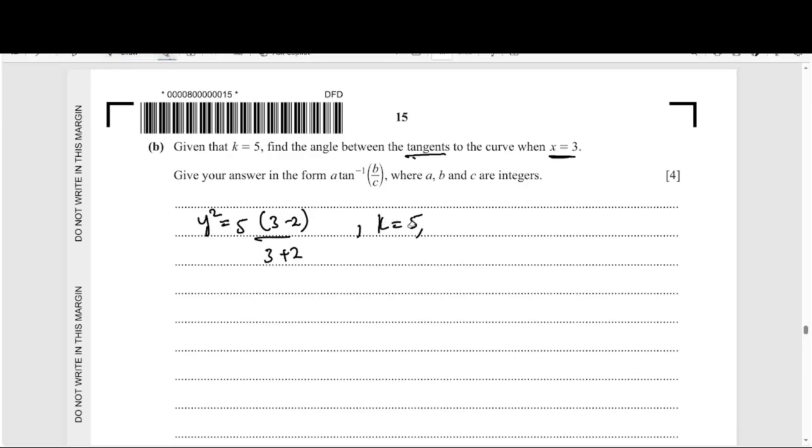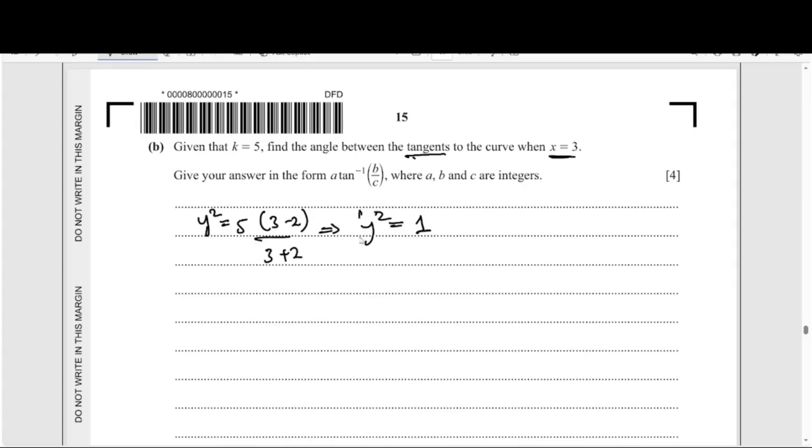That gives us a simplified number. So we have y squared is equal to 5, this is 1, so 5 times 1 over 5, which is 1, right?